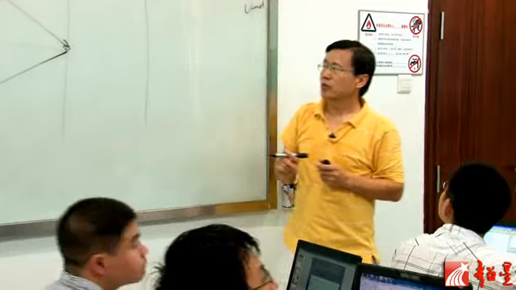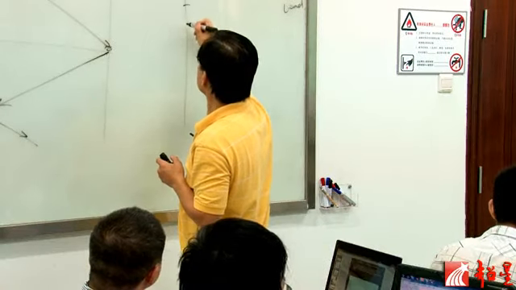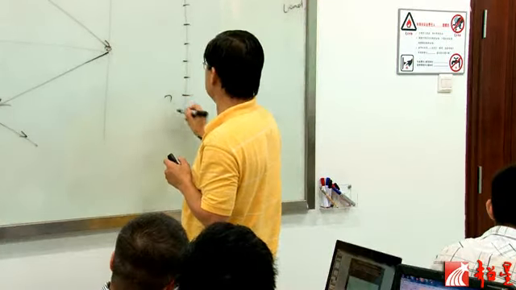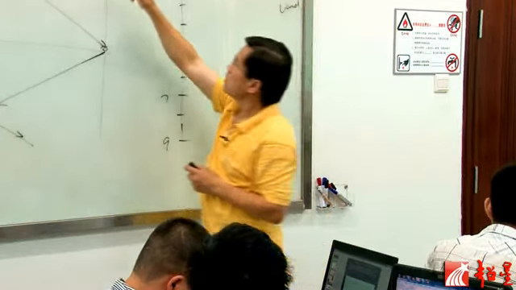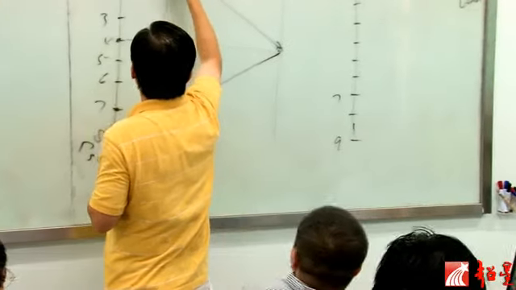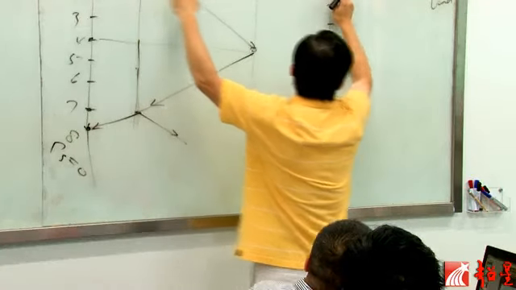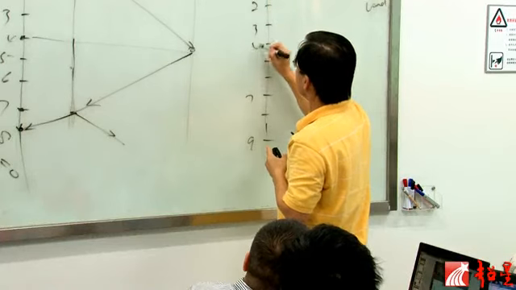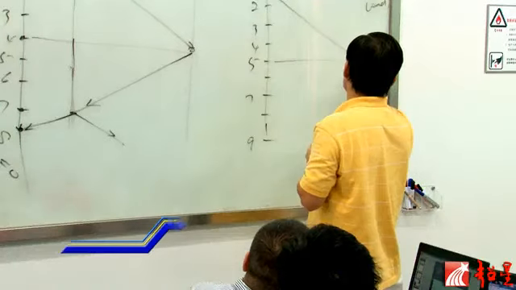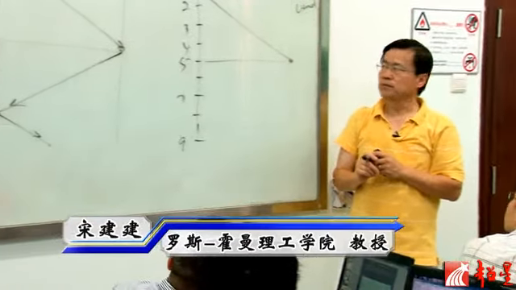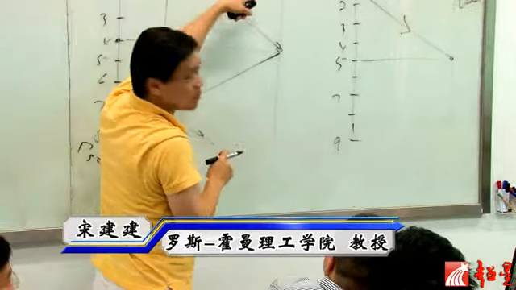Now what's going to happen? Remember this is 1 nanosecond, 2, 3, 4, 5, 6, 7, 8, 9. So this wave is going to reach the middle, which is here, which is like this point. Remember these two are the same points. Then it's going to take 2, 3, 4, 5 nanoseconds to reach the second load.